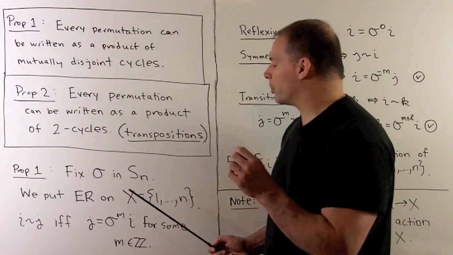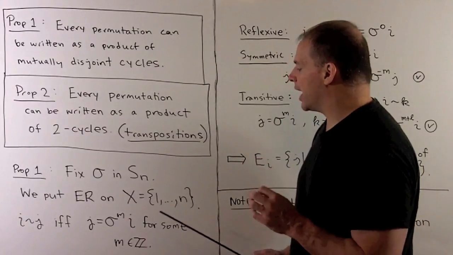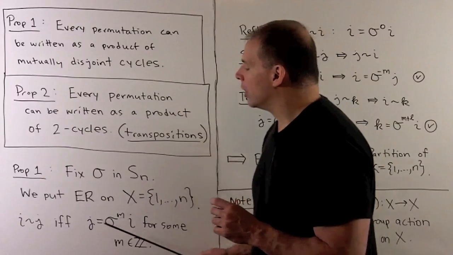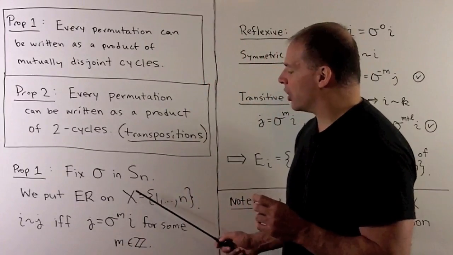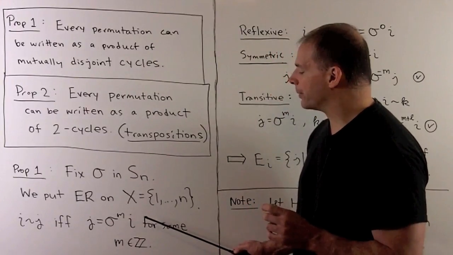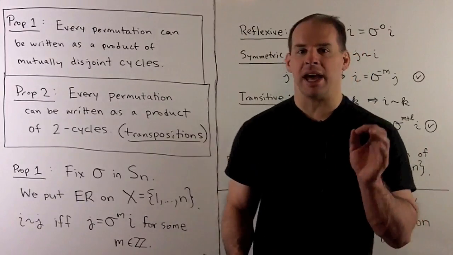Now, if I want a partition, I need an equivalence relation. So I'll say 2 labels i and j in X are related if and only if j can be written as an integral power of our permutation on i. Note here we're using sigma to the 0 equal to the identity element.